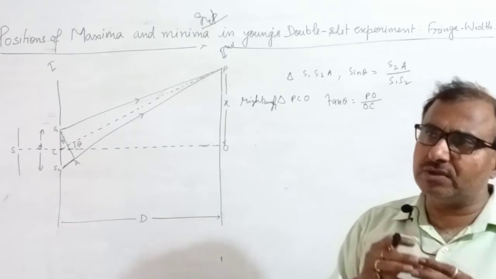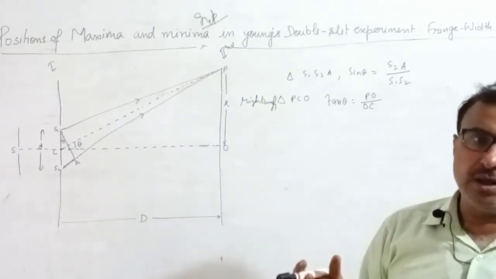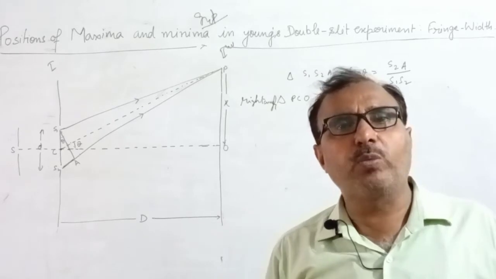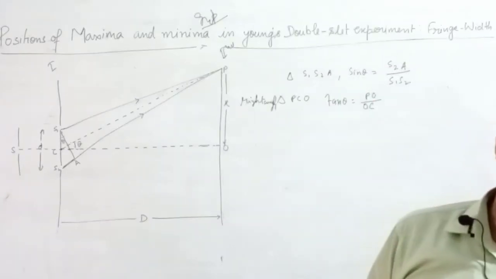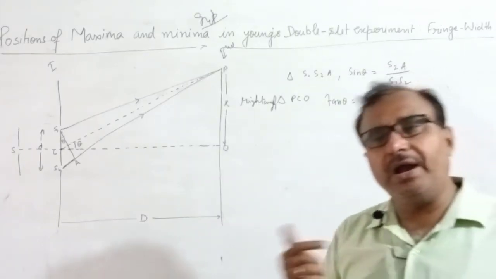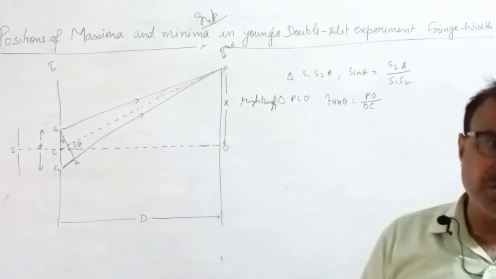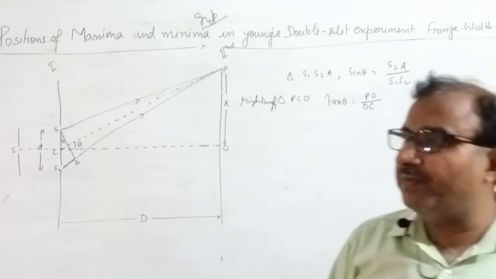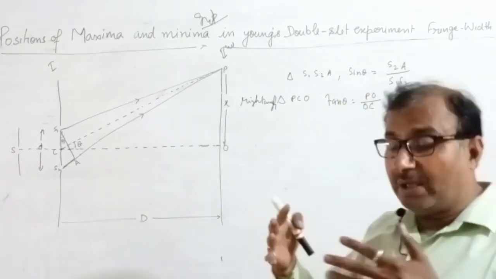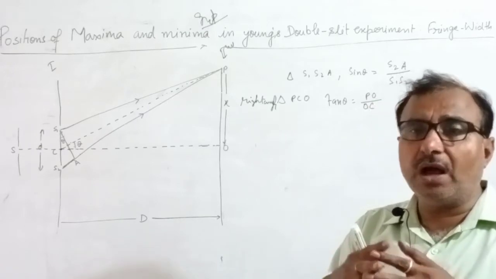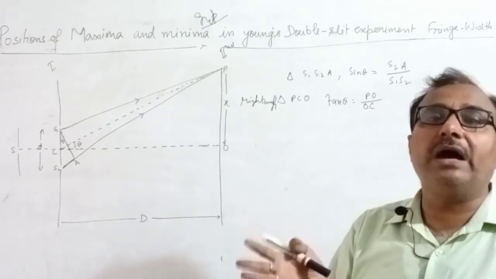If these waves meet in same phase, we get bright point. If these waves meet in opposite phase, we get dark point. Interference is of two types, constructive and destructive. In constructive interference, when waves meet in same phase, we get bright point.